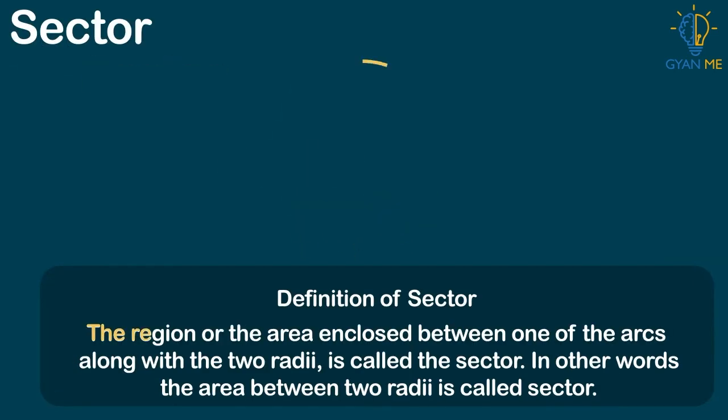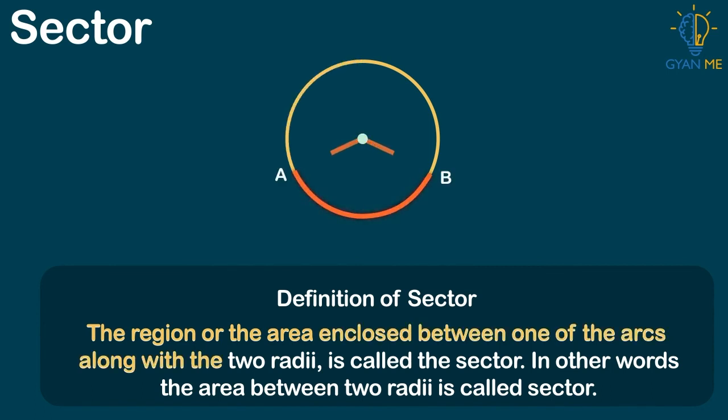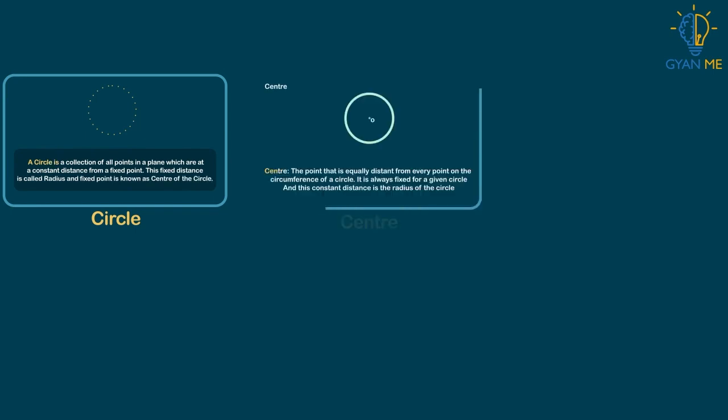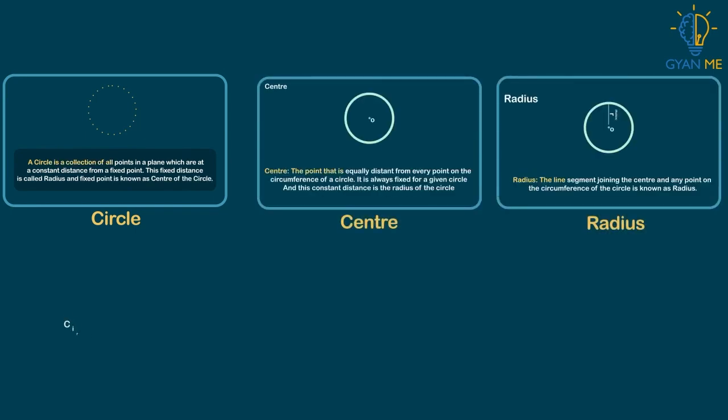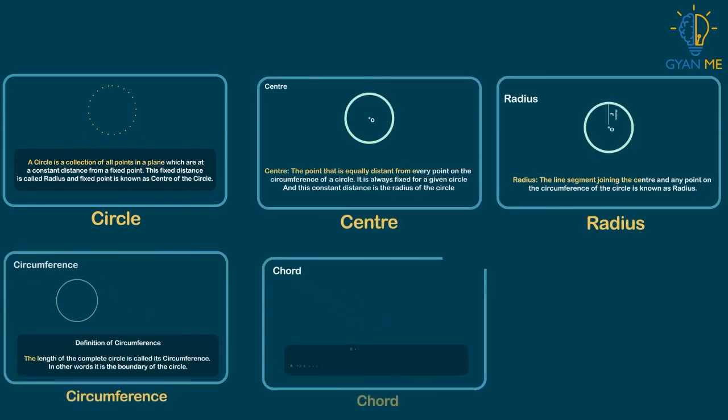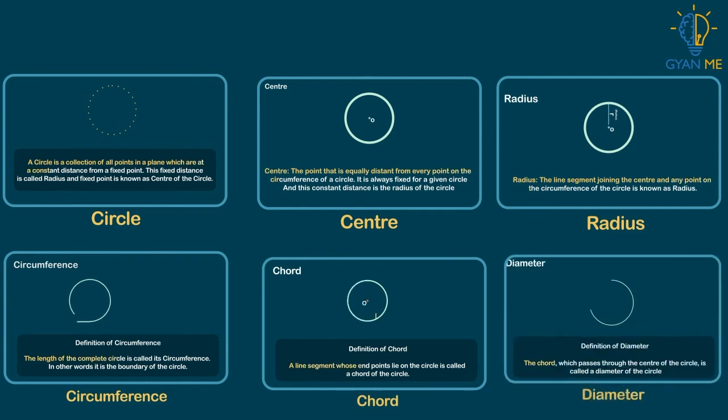Sector, the region or the area enclosed between one of the arcs along with the 2 radii is called the sector. So in other words, we can say that the area between 2 radii is called a sector. So we have already seen what is circle, what is center, radius, circumference, chord, diameter, etc.